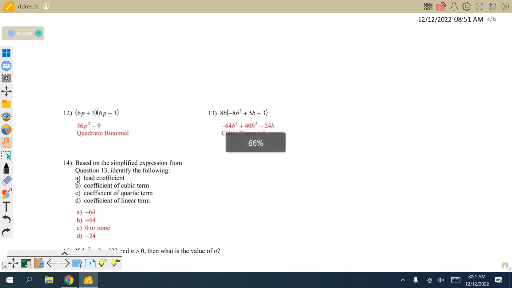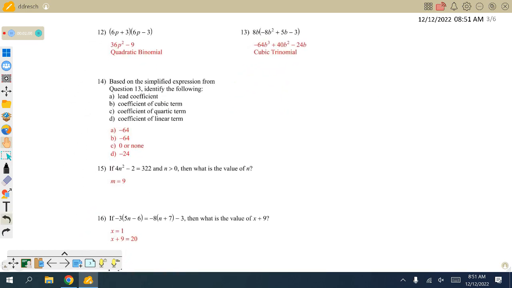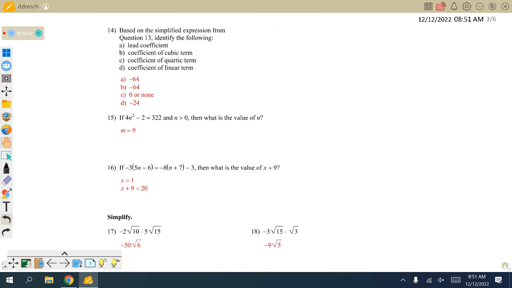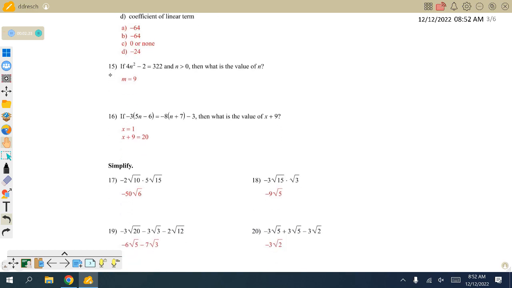On the back side, it's a little more polynomial work, and our factoring has reinforced all that. So these should be the easy points to grab. If you've been struggling with the proportions or the fractional ones, let's try to get there, but grab the easy points on the polynomials.